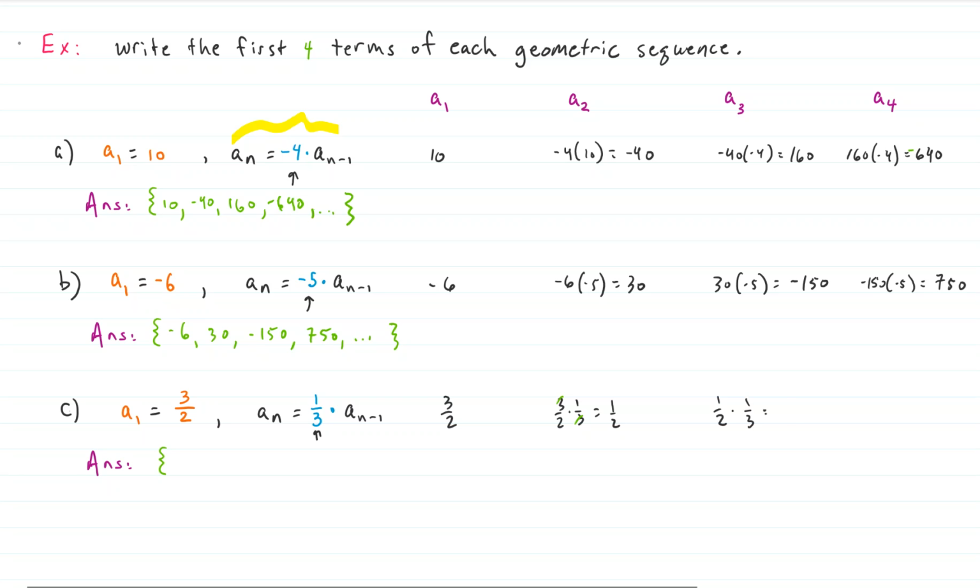And that gives us 1/6. And then we take 1/6 and multiply by 1/3 and get 1/18. So we can write out the first 4 terms as 3 halves, 1/2, 1/6, and 1/18. And there are more, but we are only writing down the first 4.